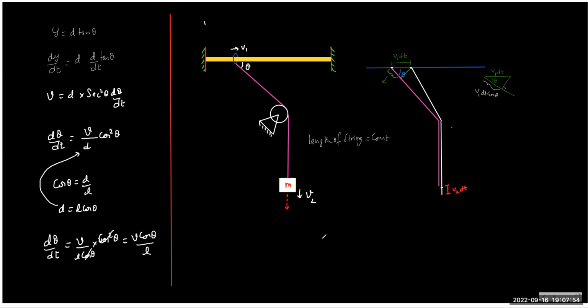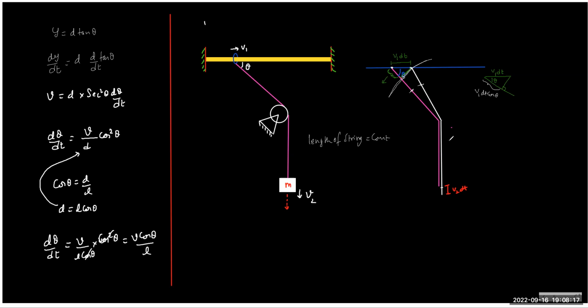So what is the relationship here? Now see, when you draw a perpendicular like this, then this part and this part will have the same length. So this is like an arc of a circle. And so this length remains the same.